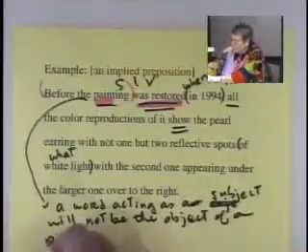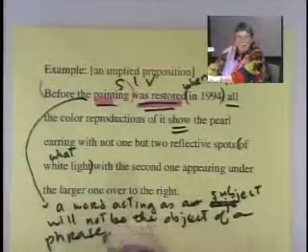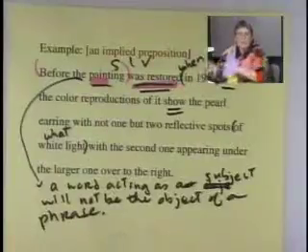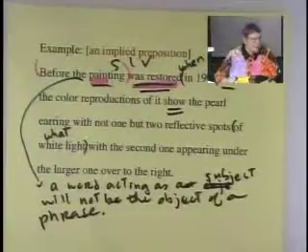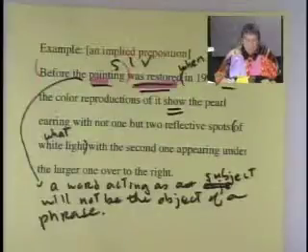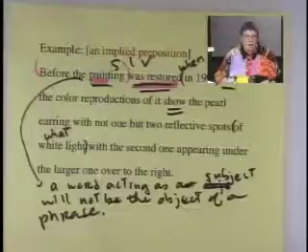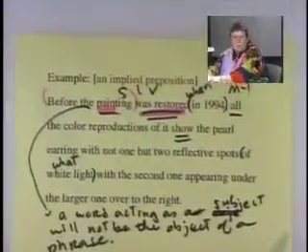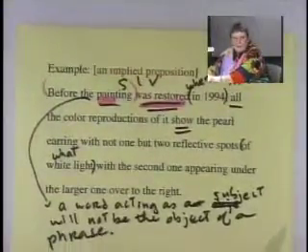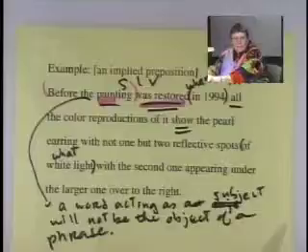It's going to be one or the other, and the subject role is dominant. So if a word acts as a subject in a clause, it will not at the same time be the object of a phrase, in this case, a prepositional phrase, and the subject role is dominant. So that just tells you that before can be more than one thing. It can be a preposition, but it's not one here.